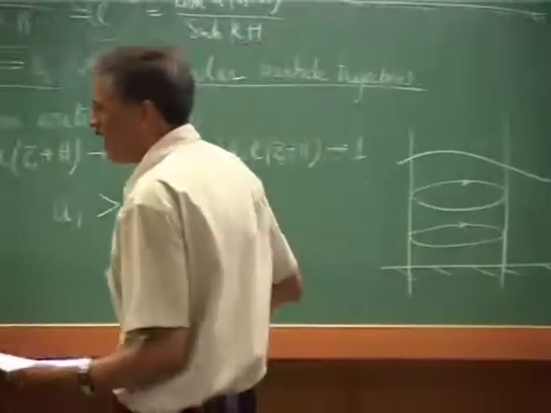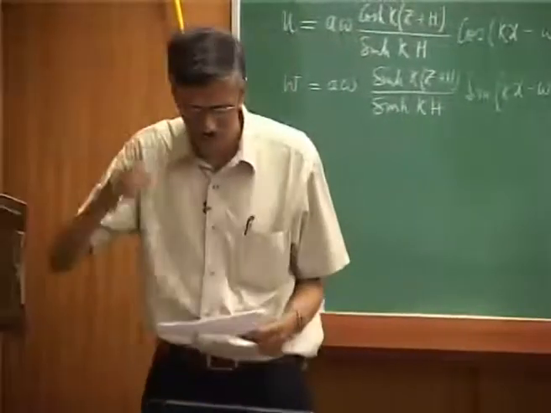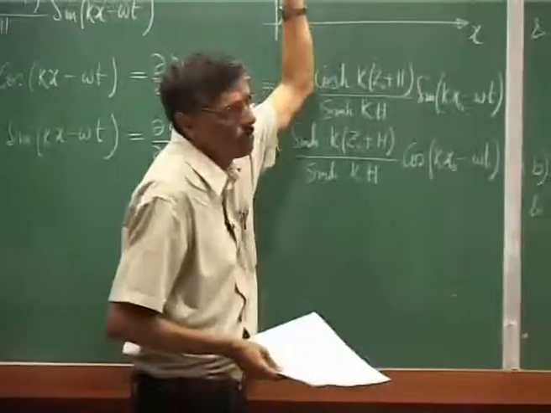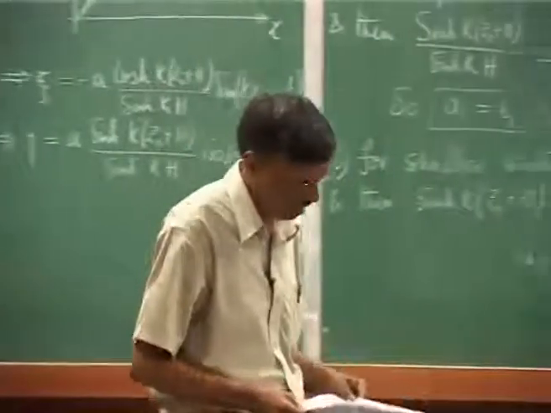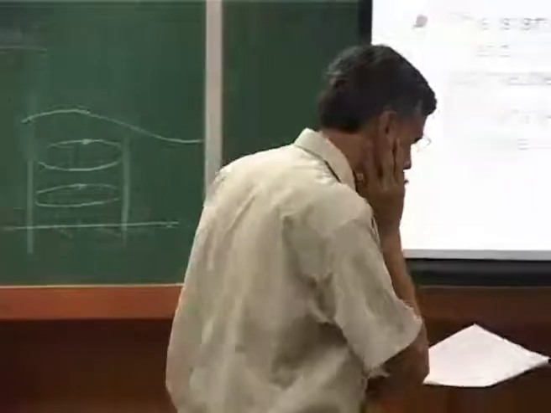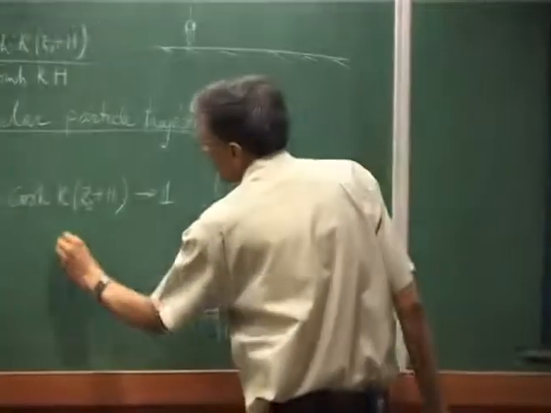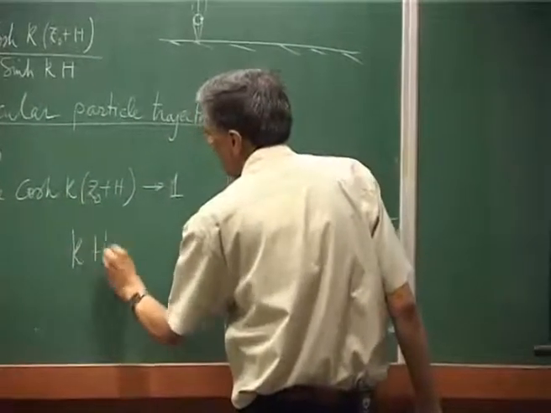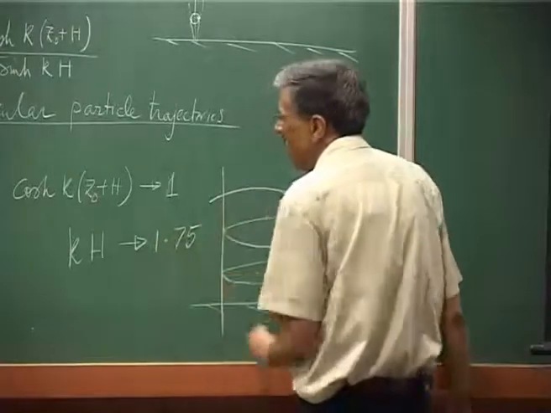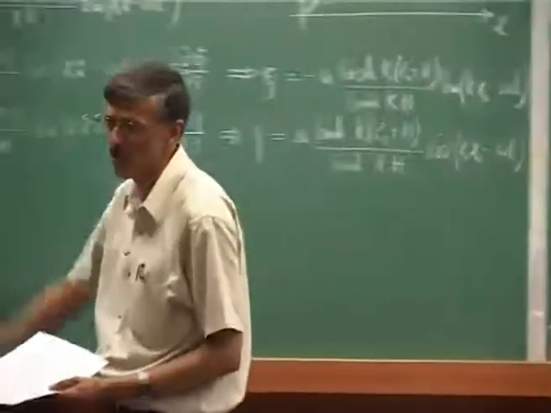Now, what is a deep water wave? If that is what we need to find out, we can draw information from these trigonometric hyperbolic functions. Whenever you have k h greater than say 1.75, you will notice that tan hyperbolic will rapidly approach 1.